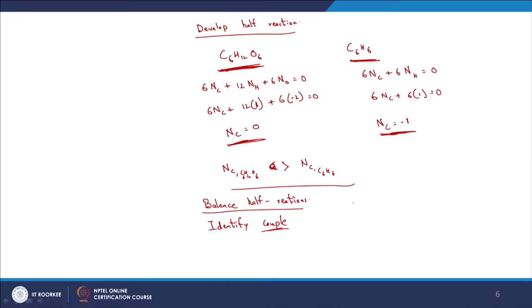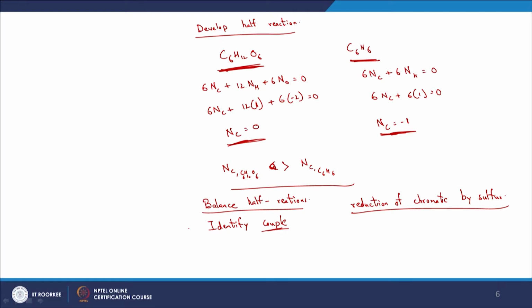We are going to look at the example of reduction of chromate by sulfur. This is the information that I have, and from here I need to be able to develop the relevant half reactions, balance them, and then get the overall reaction that would correspond to reduction of chromate by sulfur.